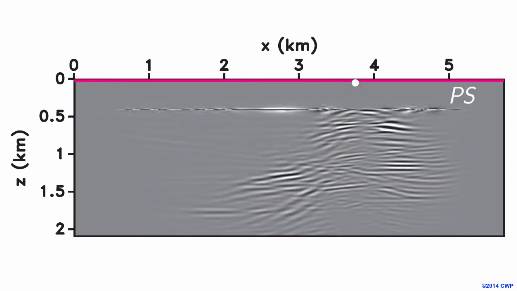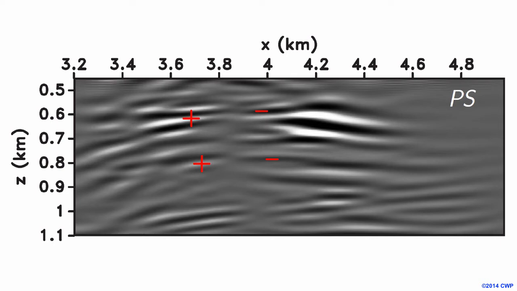So if I construct the source side P mode and the receiver side S mode and do cross correlation, I get a PS image that looks like this. We zoom into the yellow box to get closer to the image, and we can see that from left to right, the image changes polarity at some locations.